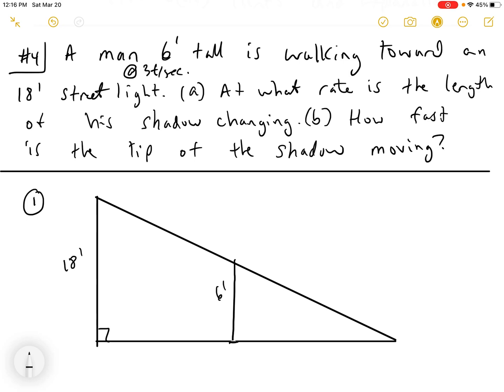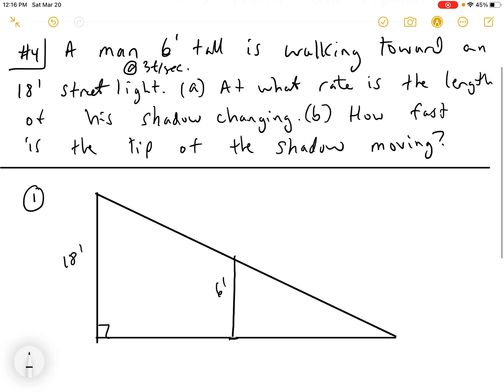Now we've got to put in our variables. So let's call the length from the pole, x is going to be the length of pole to man. And we're going to call this y here, and y is the length of the shadow.